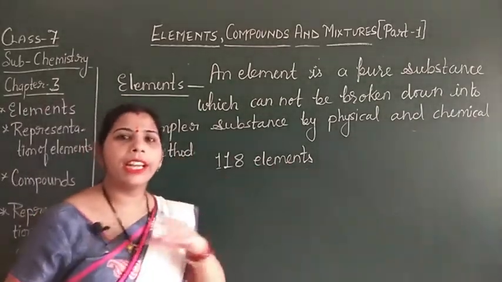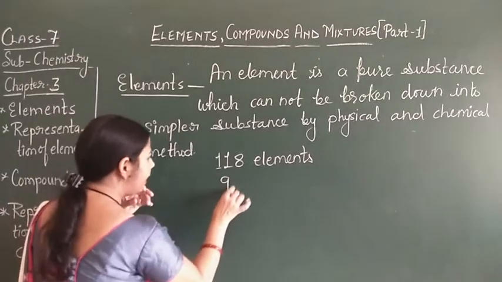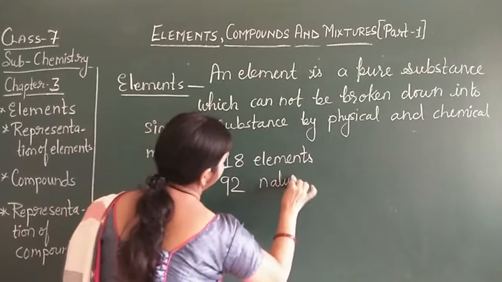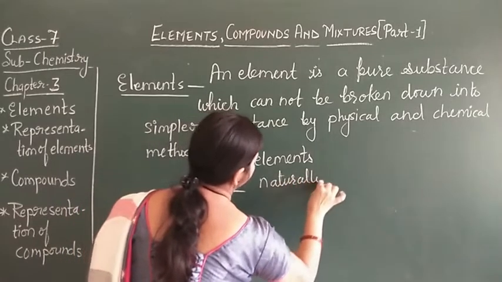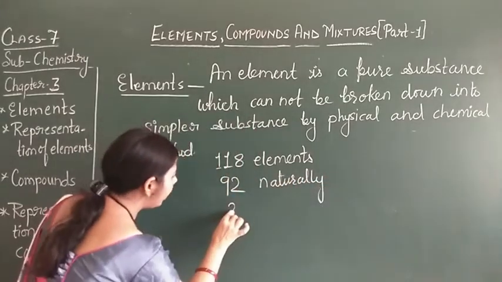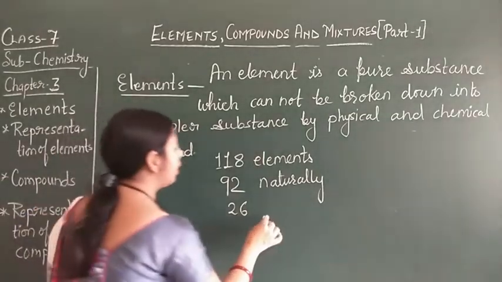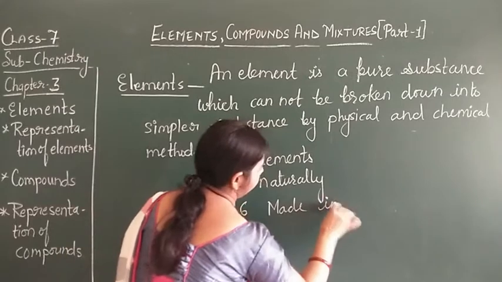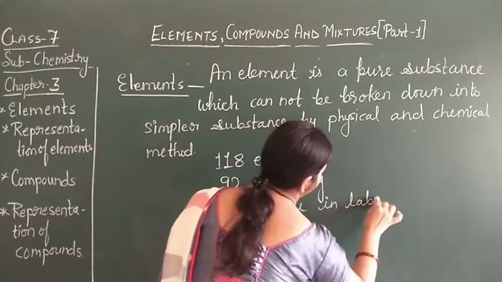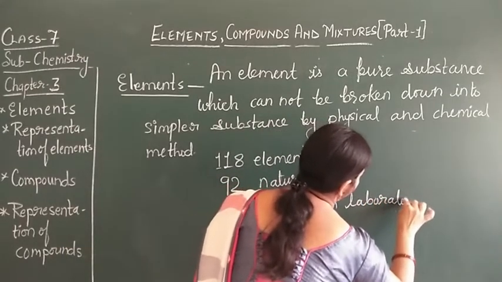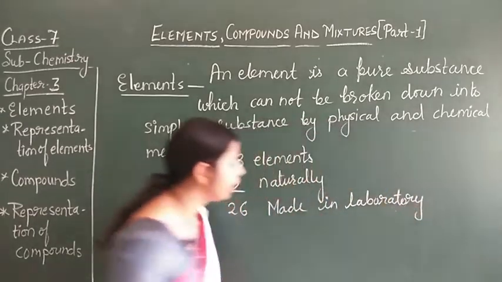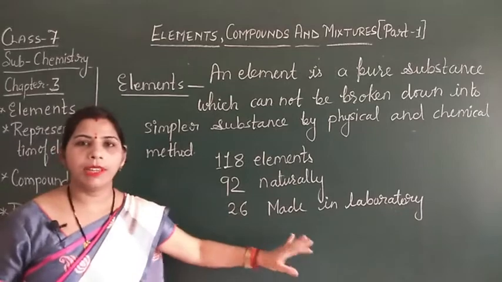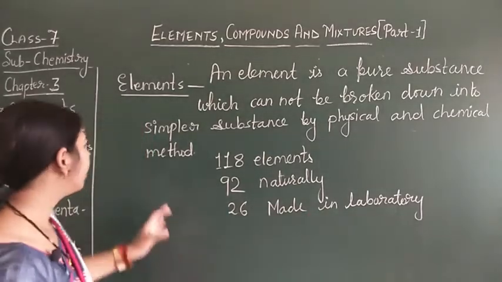Out of 118 elements, 92 elements are naturally present and 26 elements are made in the laboratory. That means this way the elements are present and they help to make the things.